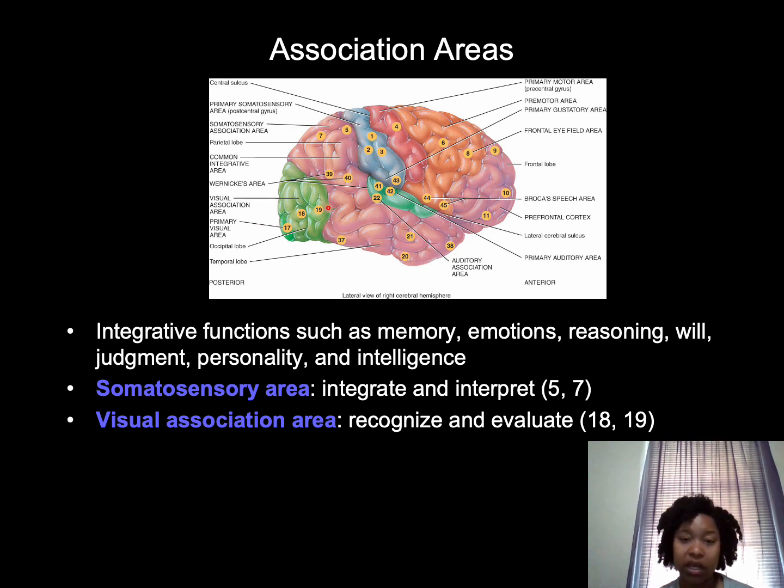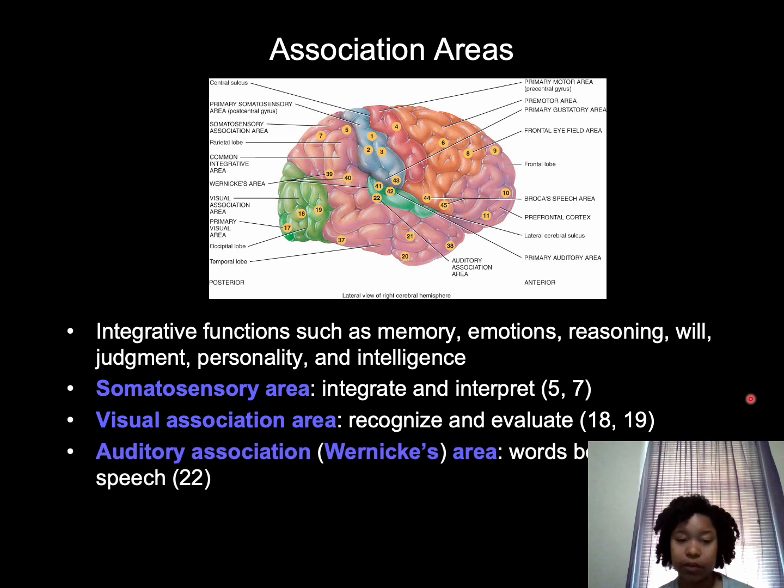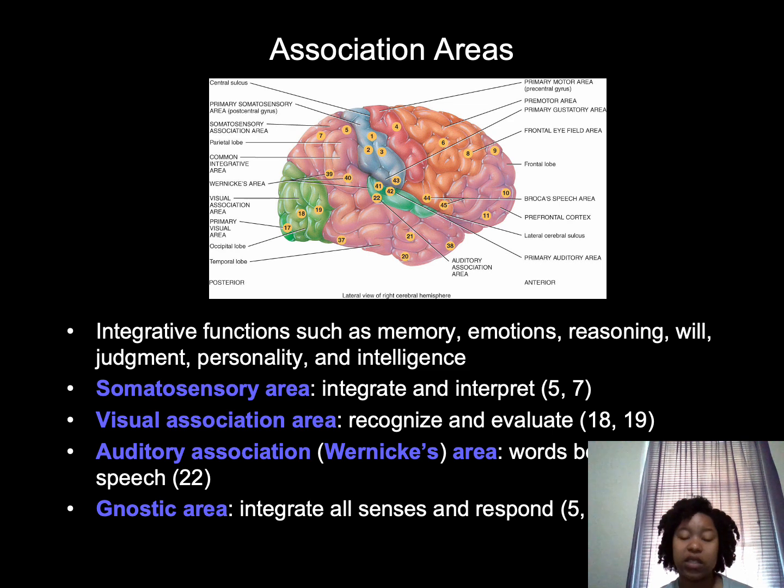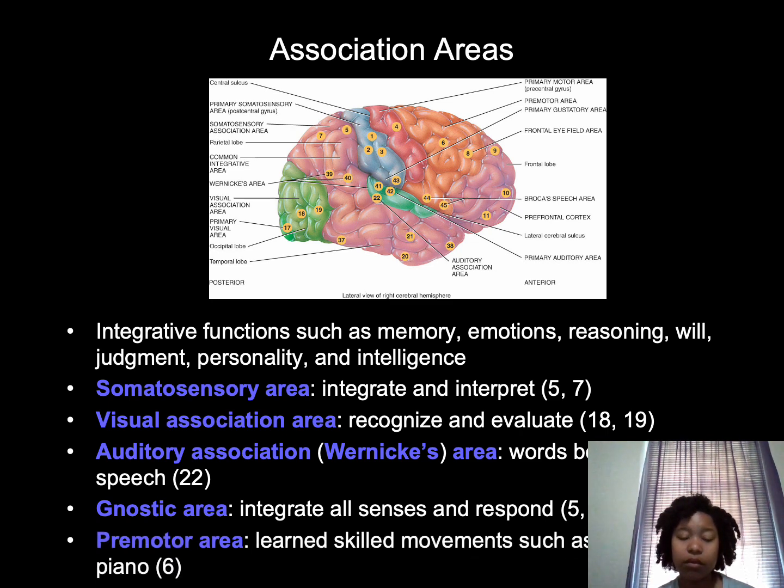Recognizing and evaluating that information happens in 18 and 19. And the auditory association or Wernicke's area is involved with speech patterns. That's at 22. And the gnostic area, which integrates all senses to allow the body to respond to it. That's at number 5. The premotor area is where learned skill movements are.